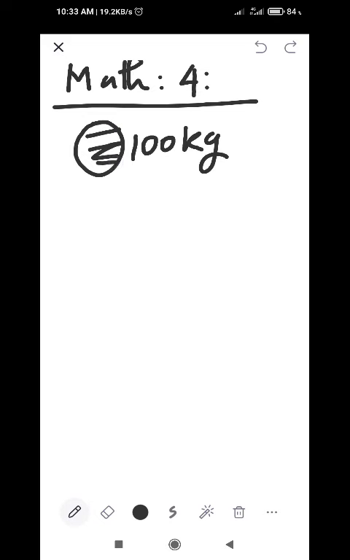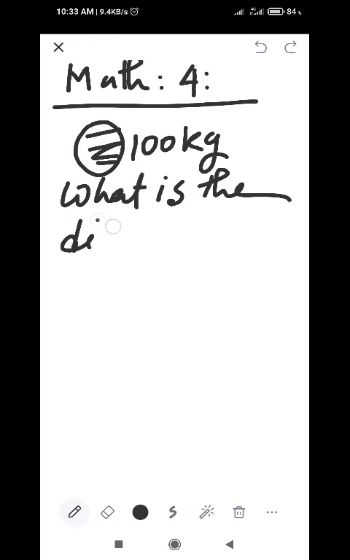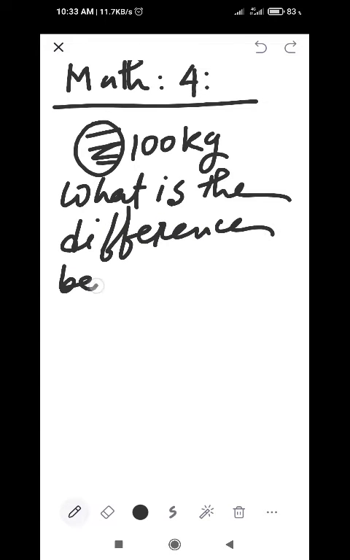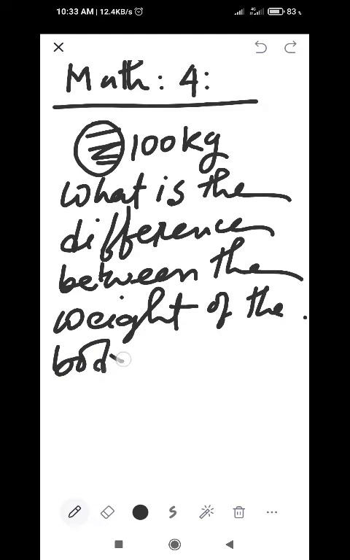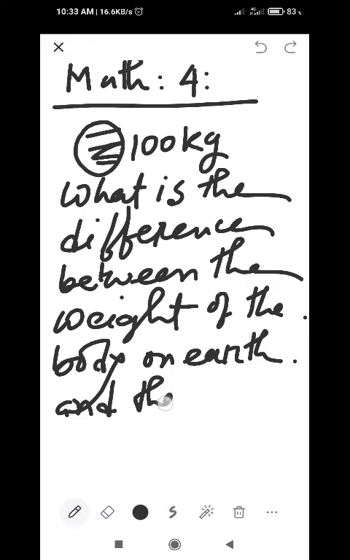Mass of the object. Now question is, what is the difference between the weight of the body on earth and that of on moon.